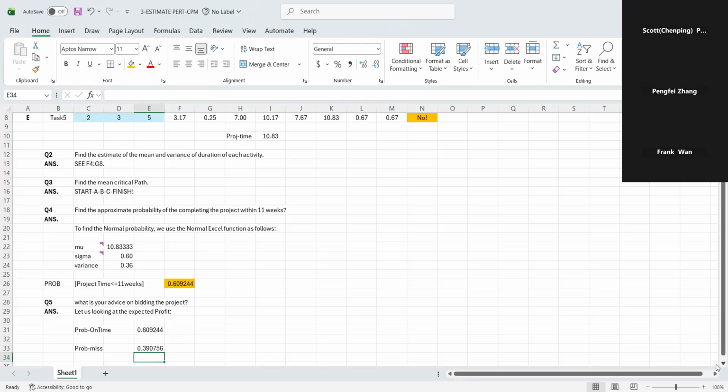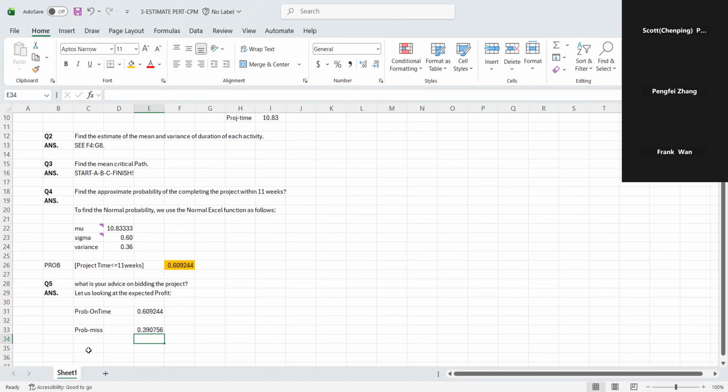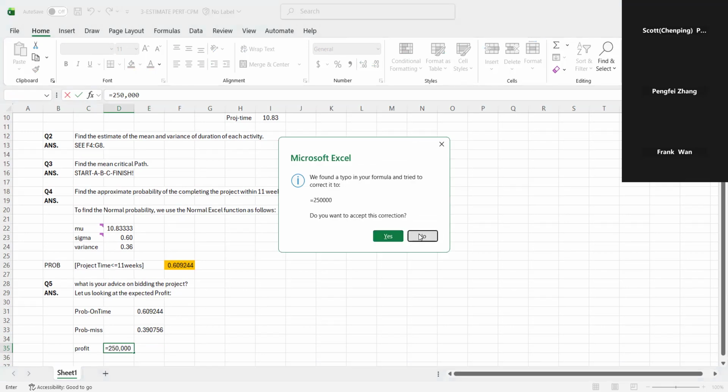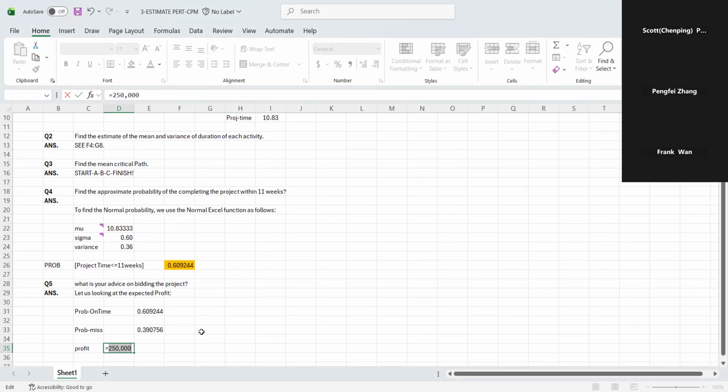So the expected profit, let's see, the profit is going to be 250,000. The profit is 250,000, but the penalty, if we miss the schedule, is also 250,000.